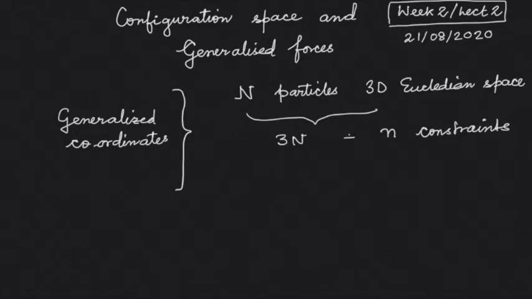And usually, we model them in Newtonian mechanics by invoking constraint forces. But nevertheless, they are a restriction in the motion of the system, and the number of constraints we denoted as k.